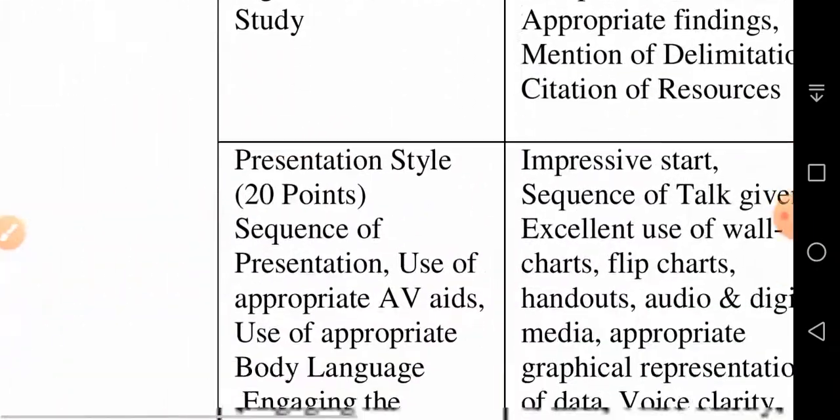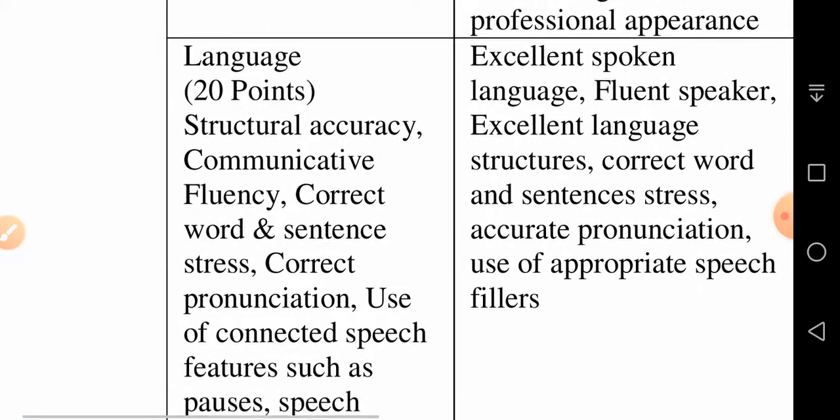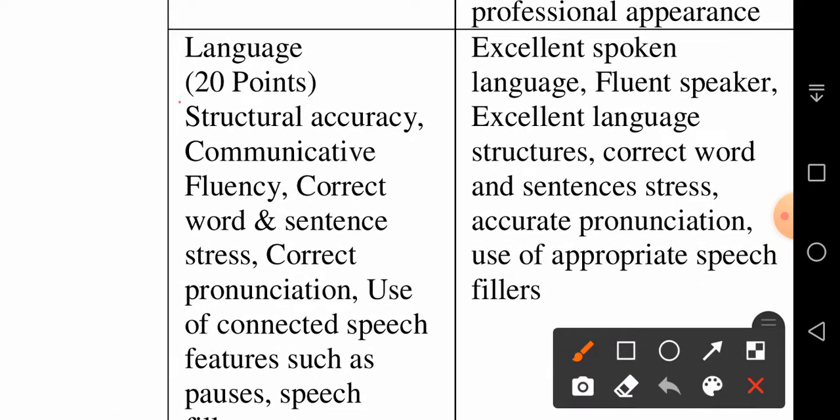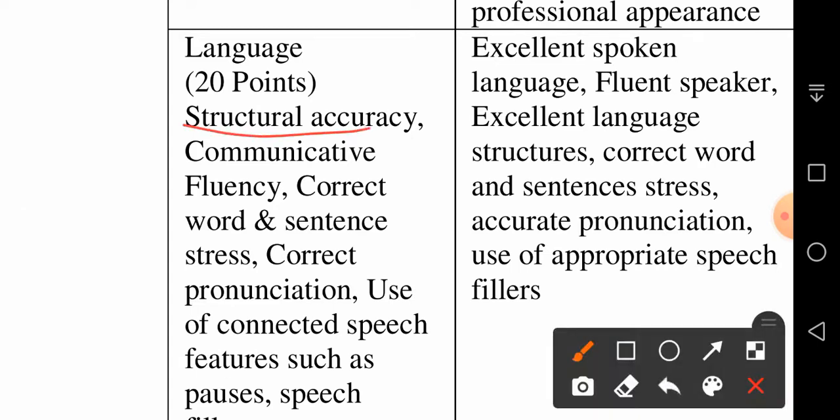The last item we check is language proficiency. Again, this has got 20 points. Now your sentence structural accuracy is checked. Communicative fluency: are you using fluency tools like elision, assimilation, linking, connected speech features?